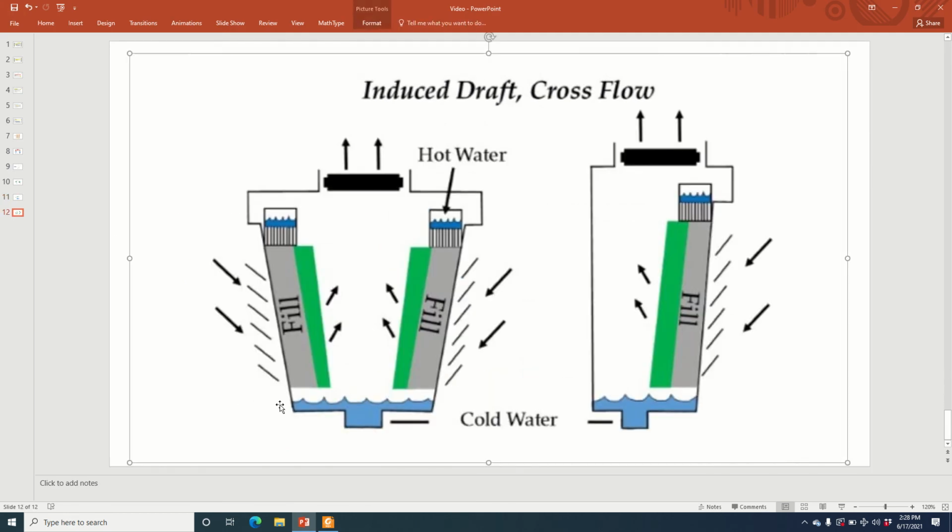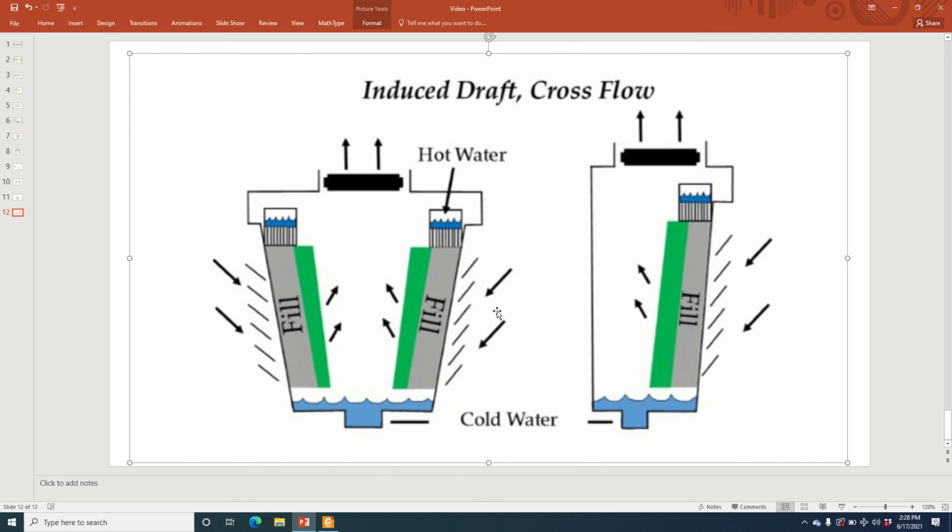This is the figure of an induced draft cross flow cooling tower. This is a single cross flow cooling tower and this is a double cross flow.